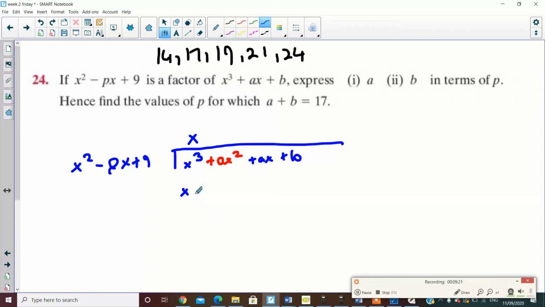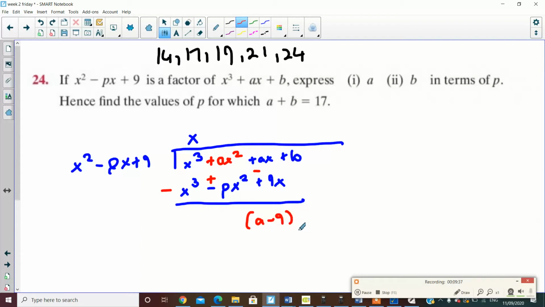Plug it out. Minus, plus, minus. 8 minus 9 times x. Do the drop. Get b.